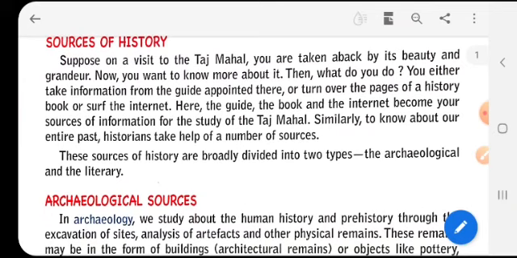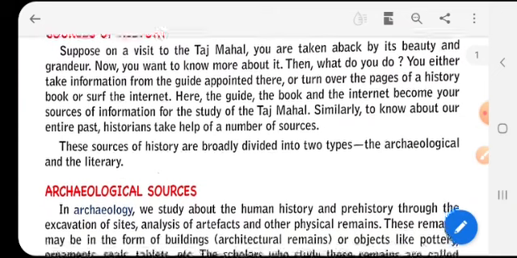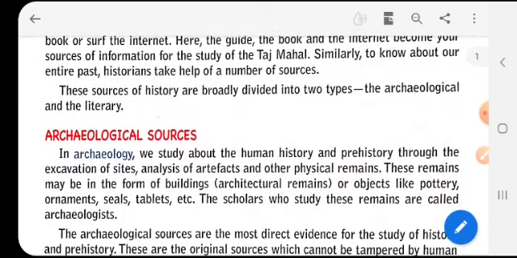So, when you wanted to quench the thirst for the query that you had about the Taj Mahal, you searched for the guide, the book, and the internet, and these become the sources of information. Similarly, to know about our entire past, historians take help of a number of sources. So, in the same way, when we want to know more about our past, the historians take up this job of finding out more things.